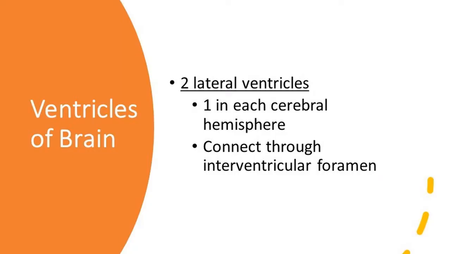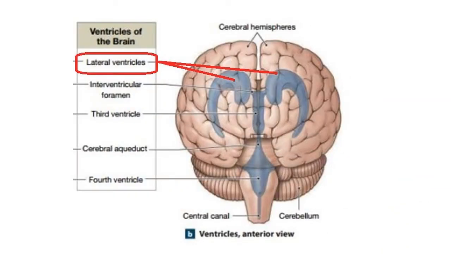The 2 lateral ventricles, one each is located inside the cerebral hemisphere. You remember our cerebrum is divided into 2 cerebral hemispheres. So each hemisphere contains 1 lateral ventricle. And the 2 lateral ventricles are connected to each other through the interventricular foramen.